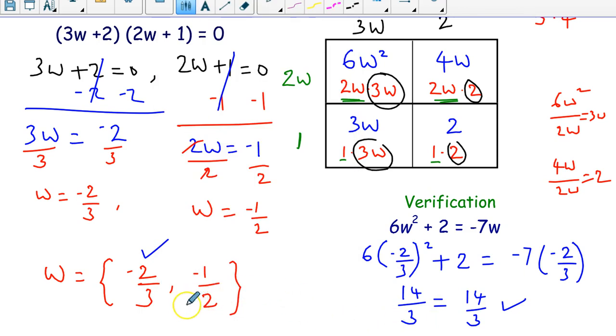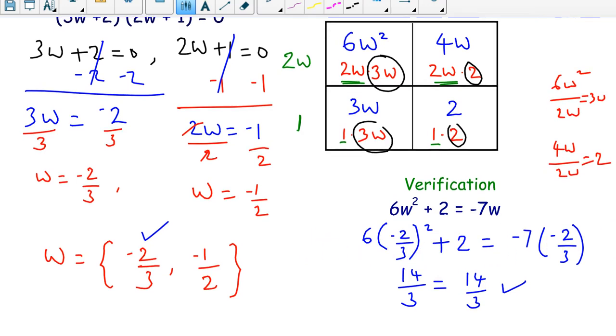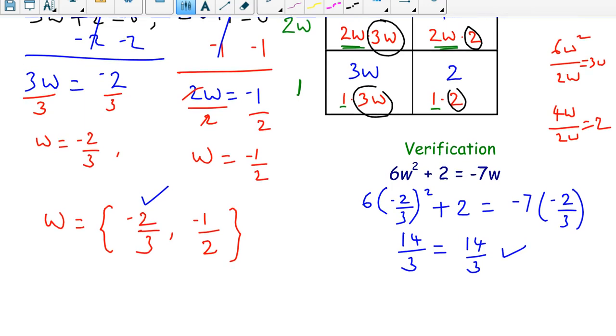Right, this part is done. Similarly, you can substitute -1/2 here: 6 times (-1/2) squared plus 2 must be equal to -7 times -1/2. That you can try.